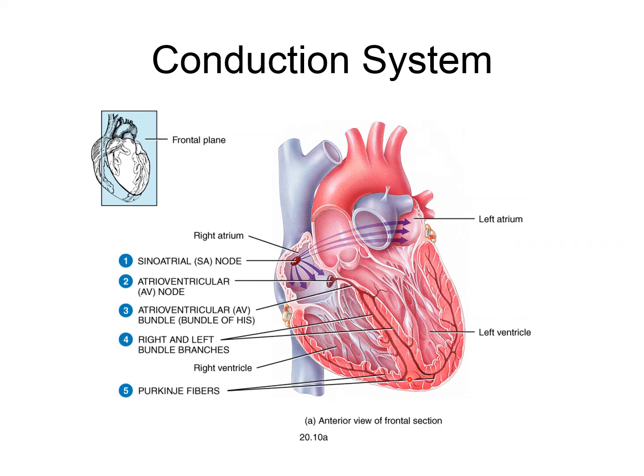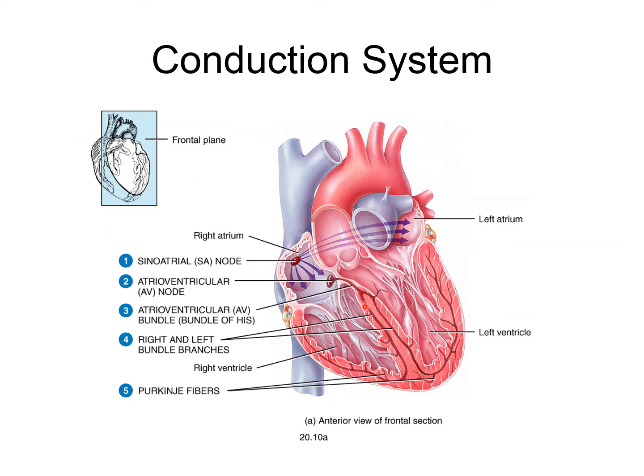When they reach the heart apex, they give rise to small branches. These branches then enter the wall of the muscles of the heart, and they are called Purkinje fibers.